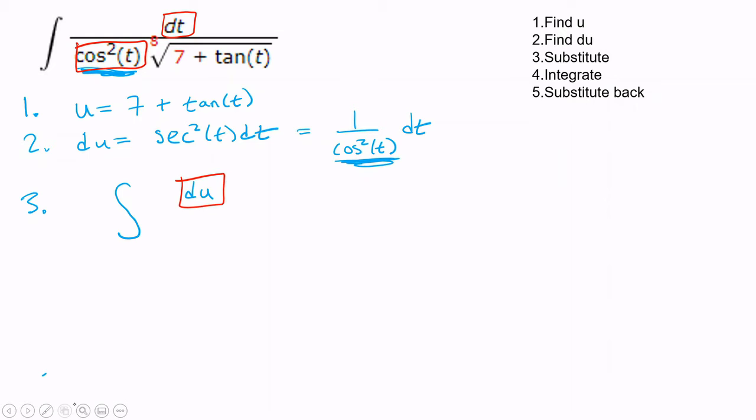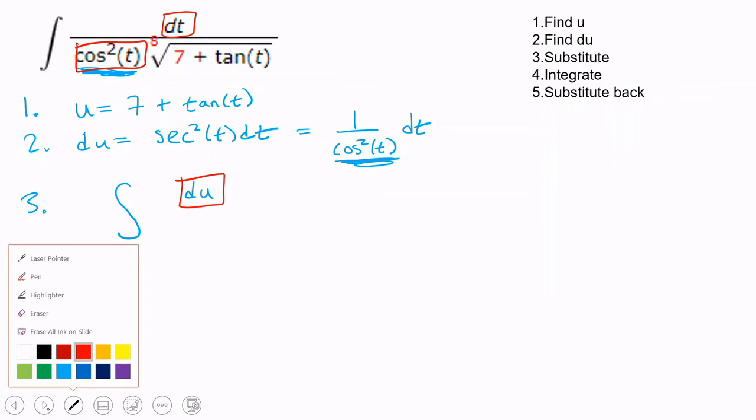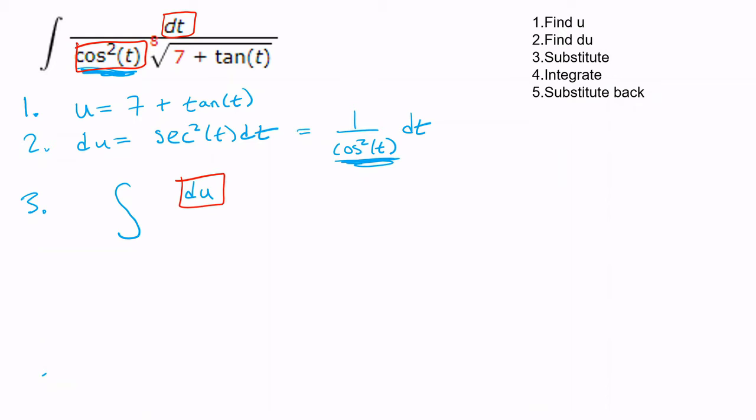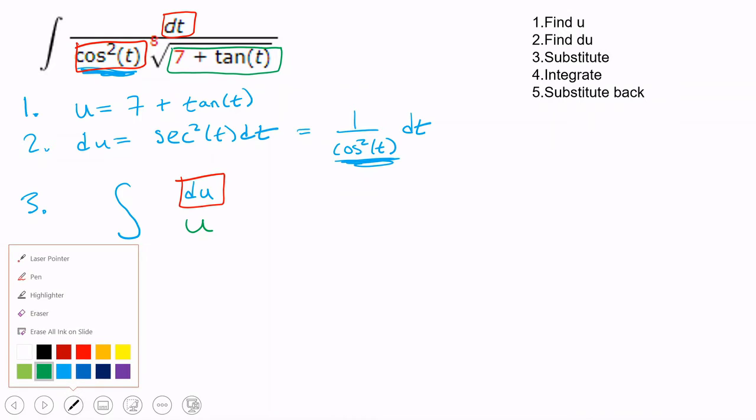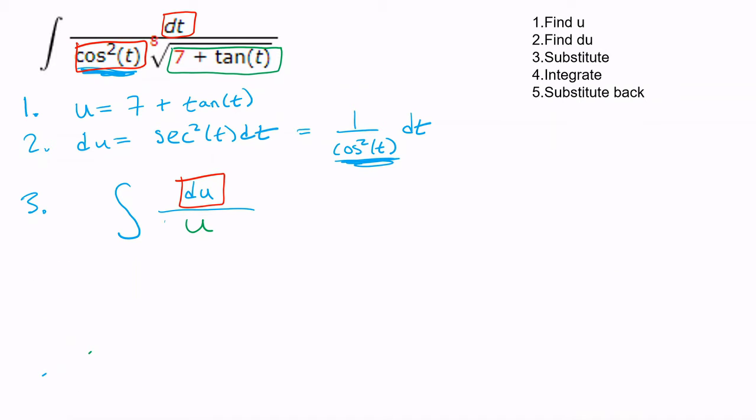Then we've got this 7 plus tan t becomes just the u. So I have u under here, and then I have the 8th root. Okay, so let's rewrite that integral, and I'm actually going to simplify this a little bit for myself. Du over u to the 1/8, which I can rewrite as u to the negative 1/8 du.